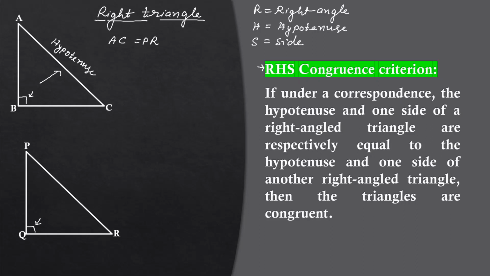So if we know that AC is equal to PR, and then any other side, like if we know that AB is equal to PQ, other than hypotenuse, then we can say that triangle ABC is congruent to triangle PQR using RHS congruence criteria.